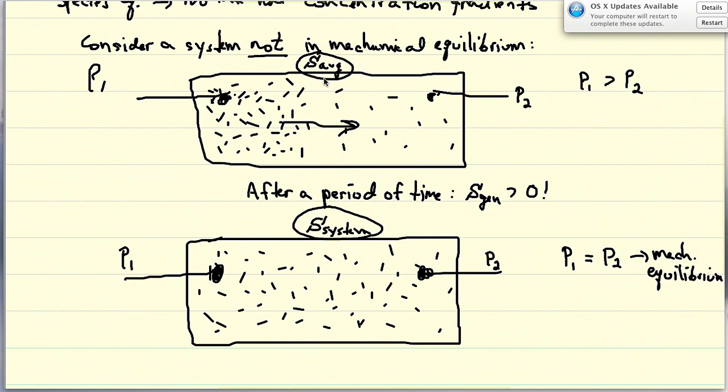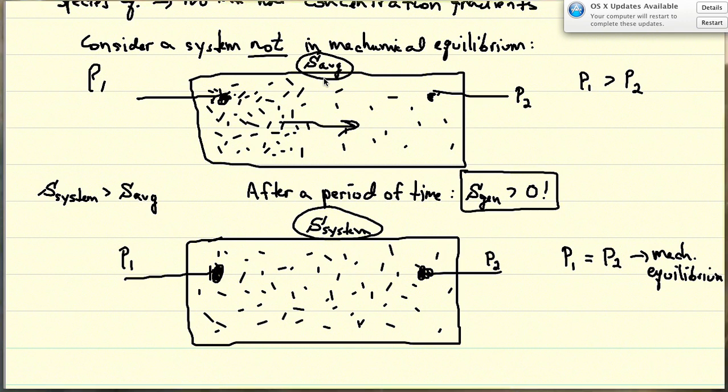So the entropy of the system, S system, is greater than the average entropy. And the other important concept that we can say is that what this entropy generation represents is a lost opportunity to exploit the mechanical gradient.